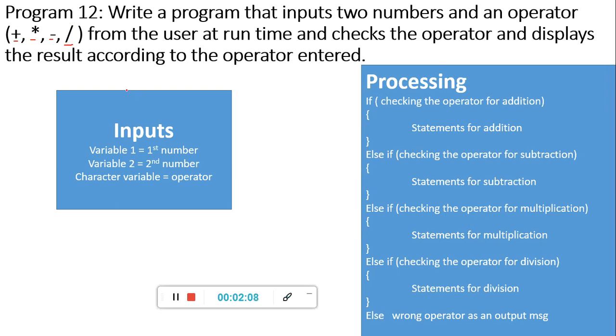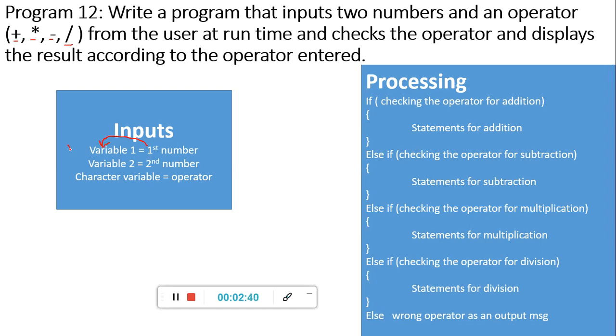So in order to write the code for this program, first we clear our concept, how we will write this program. Inputs. The inputs required in this program are variable 1, the first number, because the user will enter the first number, that will go and store into some sort of variable.